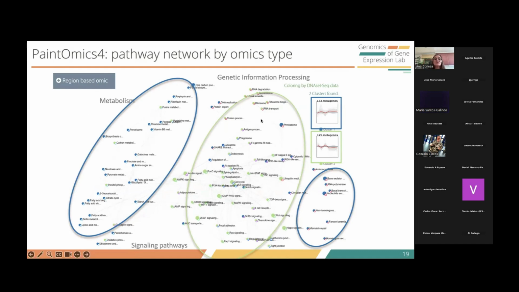But for example, all these genetic information processing tend to be closed, because this corresponds to this other pathway. And then we have a kind of breakpoint half of the differentiation process. You have to see how you interpret that, but you can already see that there are some commonalities and some differences in how pathways behave depending whether you look at the gene expression or you look at the chromatin. And this gives a general overview.